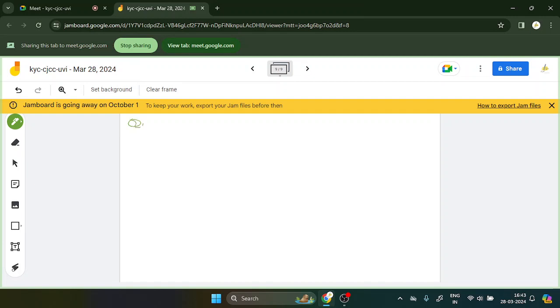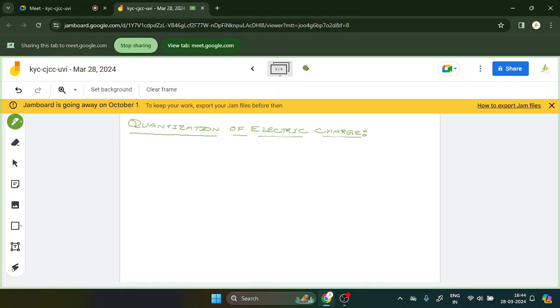Quantization of electric charge, I am writing here. What do I mean by quantization of electric charge?